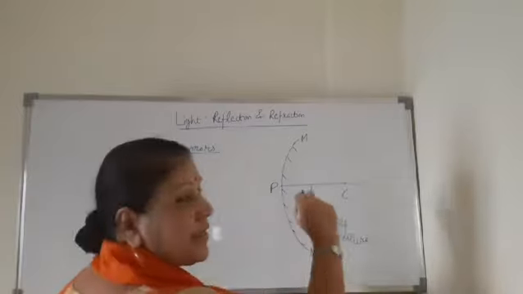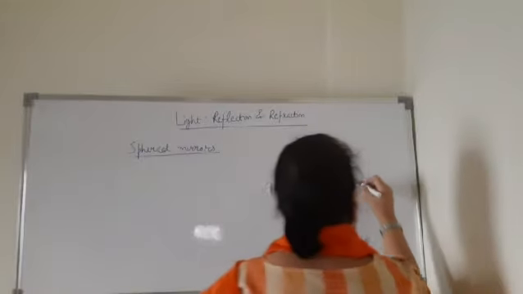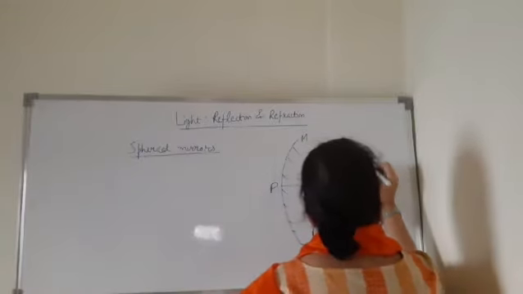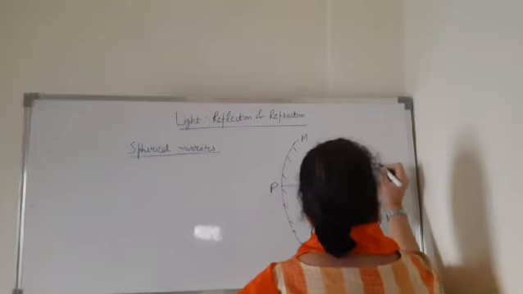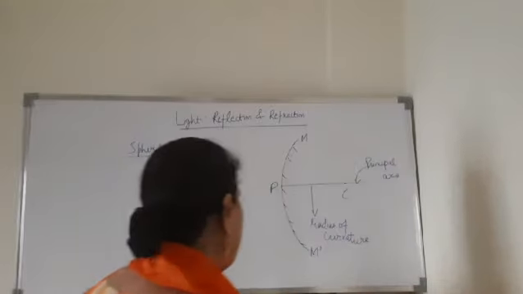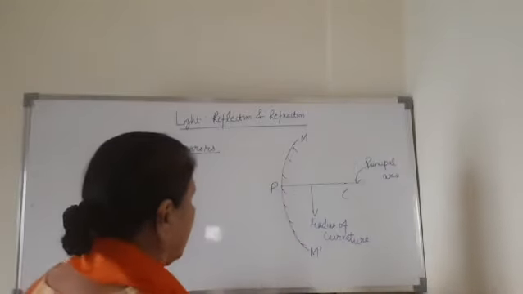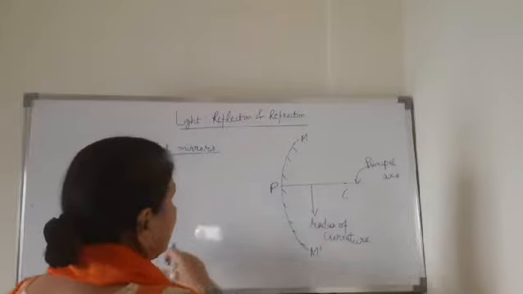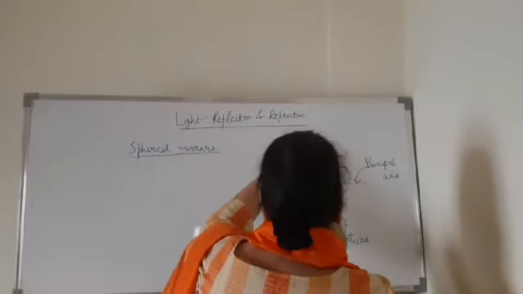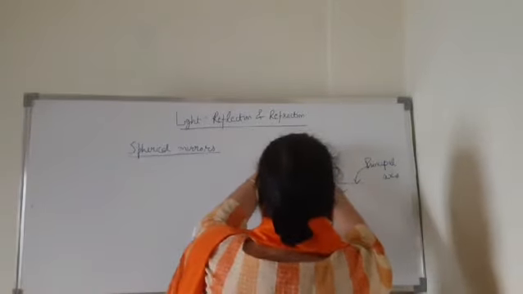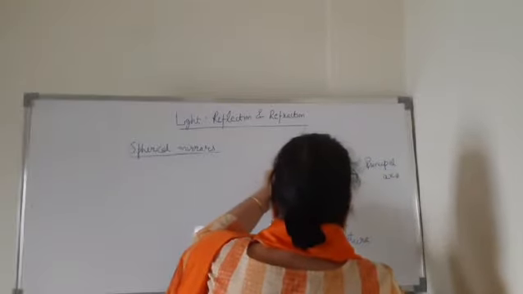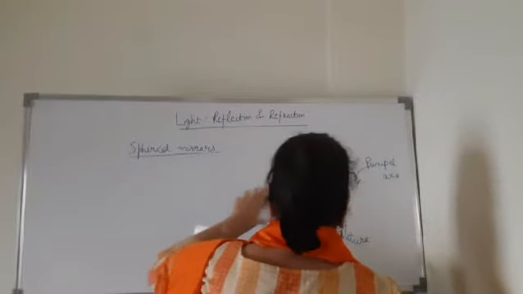And the line passing through PC is called the principal axis. Again, the diameter of the refracting surface, that is mm dash, is called the aperture.